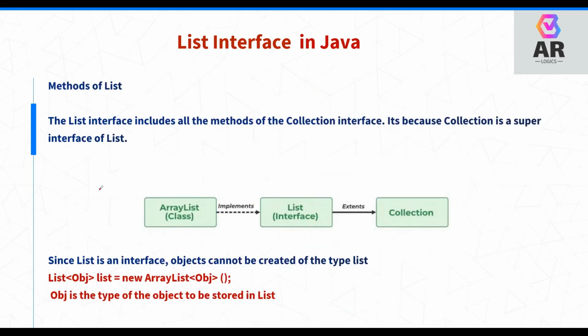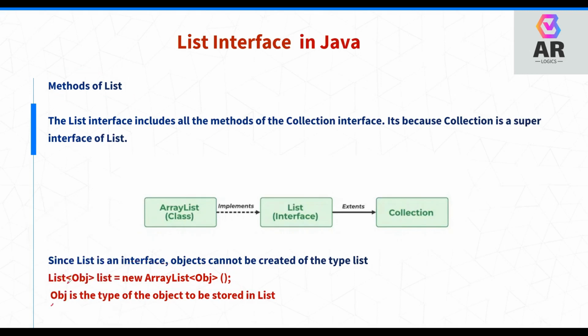List has several methods. How to create the list? List of some object type, created as a new ArrayList object. This is the way we can create the list.